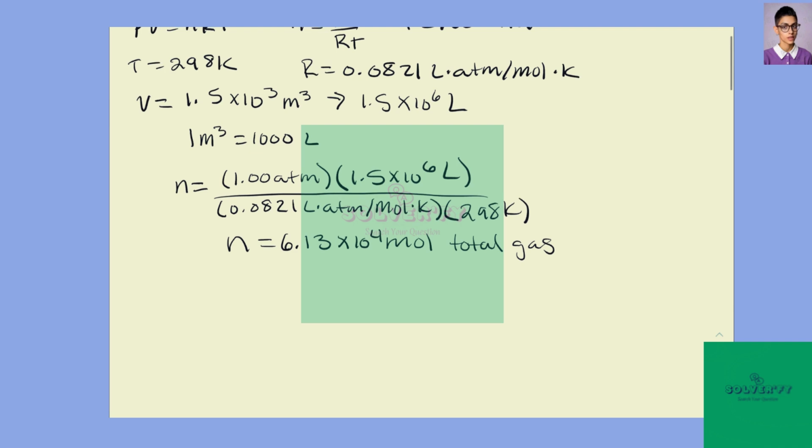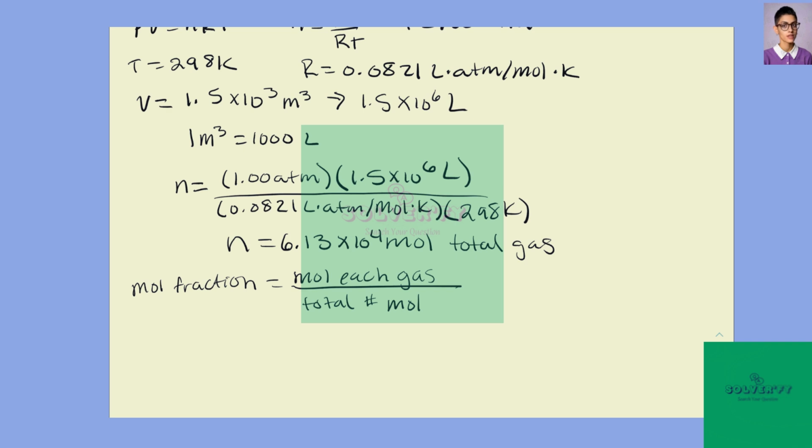So to find the number of moles for each of our gases, so that we can find how many tons are emitted per year, we need to use our mole fraction. So our mole fraction is going to equal our number of moles of each gas divided by the total number of moles in our gas.